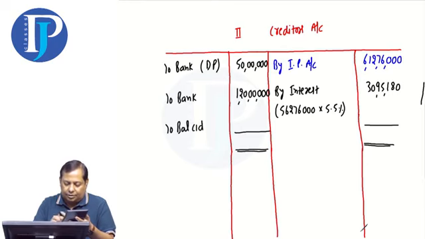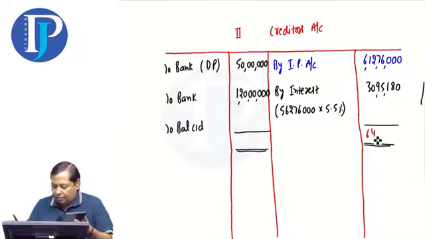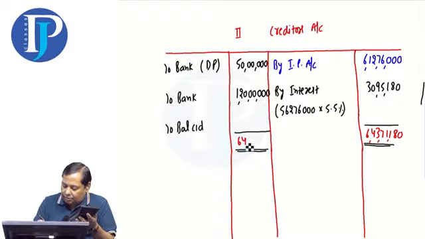6 crore 12 lakh 76,000 plus 3095180 total is 64371180. In total, we have 4 crore 73 lakh 71,180. This is the balancing figure.